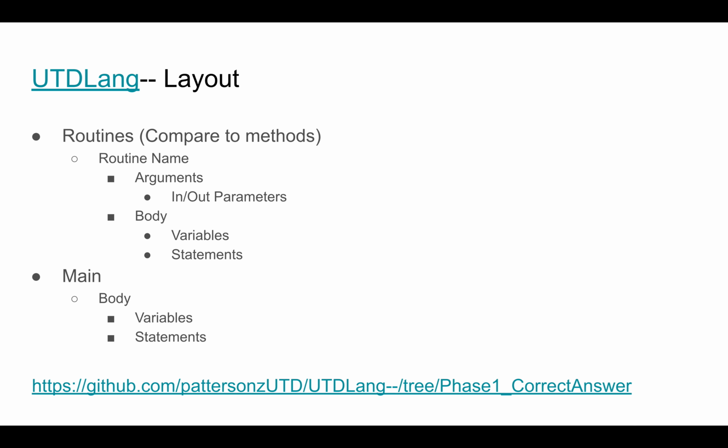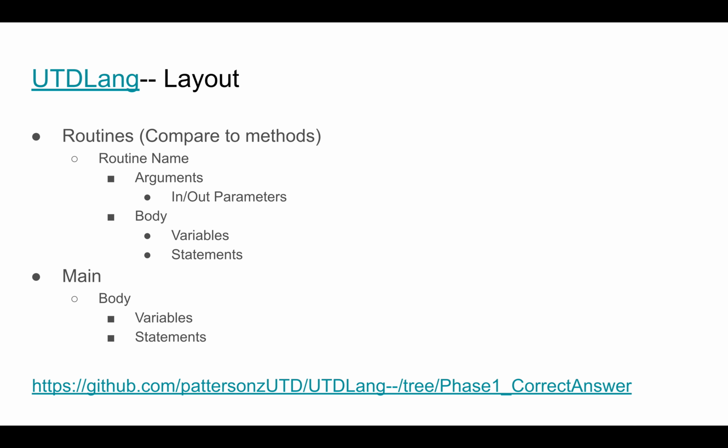Basically it contains a list of routines, which you can compare to the methods in any common programming language. For each routine it has a routine name, which you can compare to the method's name, and a list of arguments which include input and output parameters.